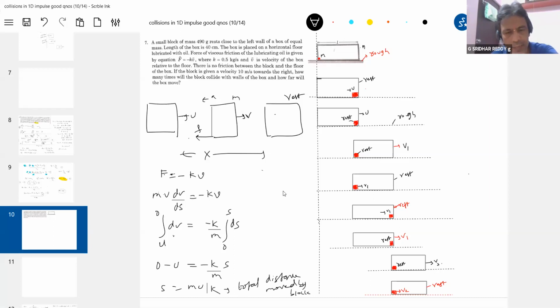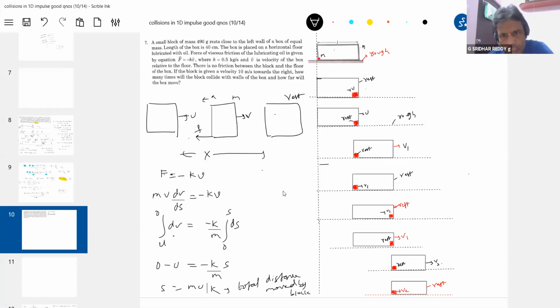After this, how to calculate the number of collisions? Whose help should I take? Let's do one thing. Can we calculate v1? L is the length of the box given.